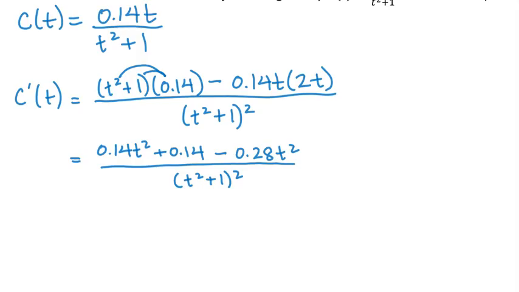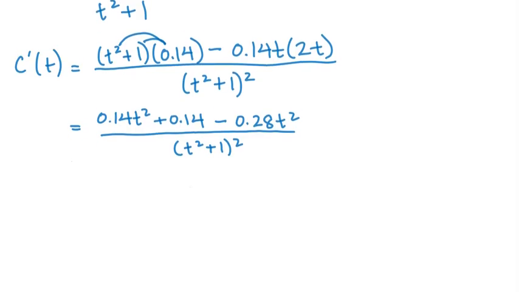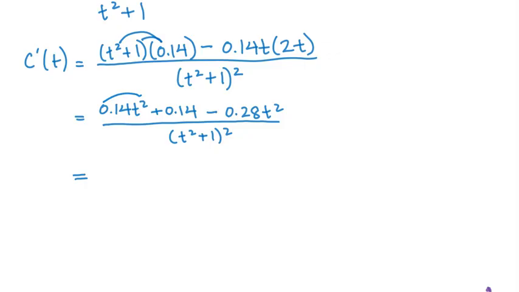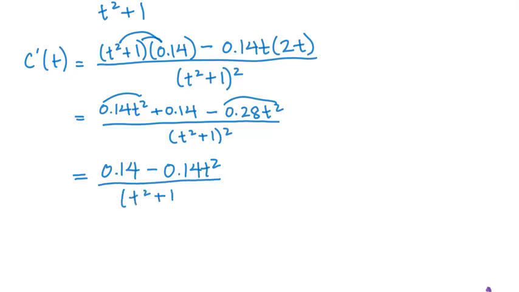So I can do a little bit better with that numerator. I can combine the 0.14t squared minus 0.28t squared, and I get a 0.14 minus 0.14t squared. The denominator is a t squared plus 1 squared.